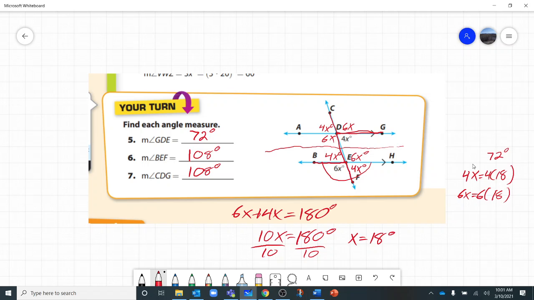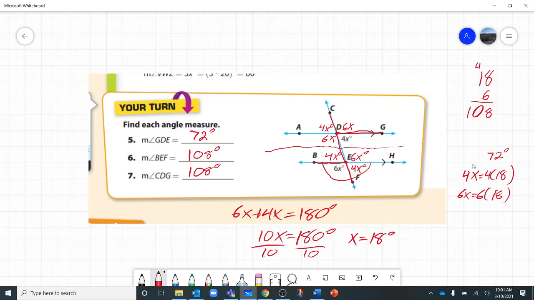But what I did is I know that BEF and CDE or GDE are what we call supplementary angles, and they add up to 180 degrees. And so I just knew 180 minus 72 is 108, and so both of those have to be 108. But just to show it, let's do 18 times 6, which I don't know off the top of my head. 6 times 8 is 48, and 6 times 1 is 6, plus 4 is 10, so 108. So it works out. Okay, hopefully that helps.